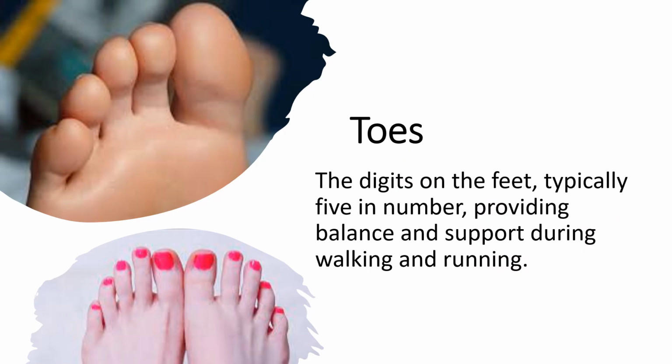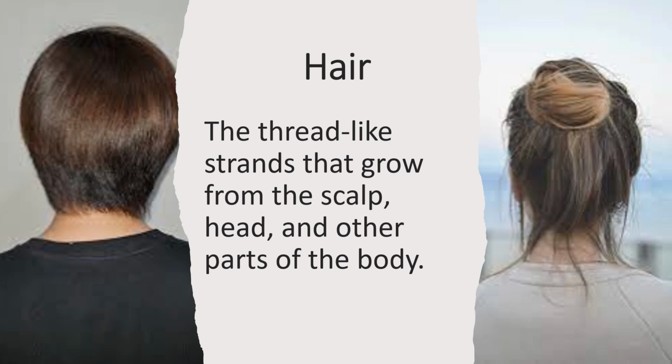Toes. The digits on the feet, typically 5 in number, providing balance and support during walking and running. These are the toes. Hair. The thread-like strands that grow from the scalp, head, and other parts of the body.